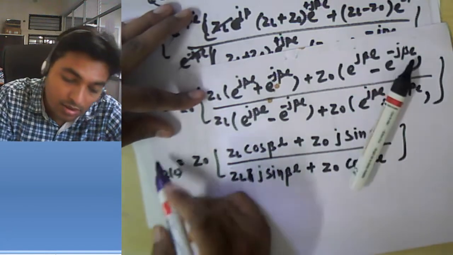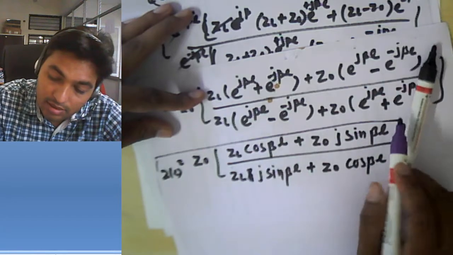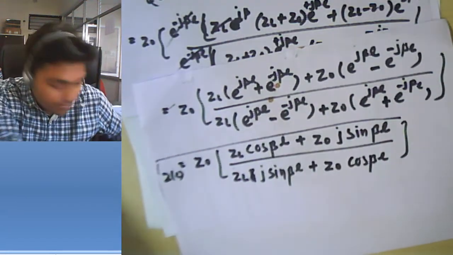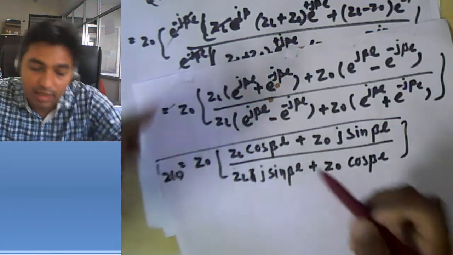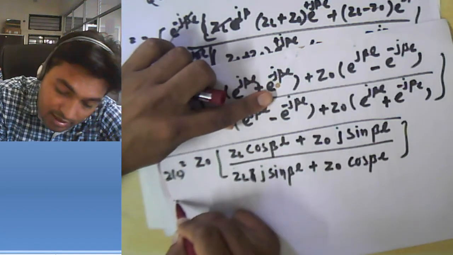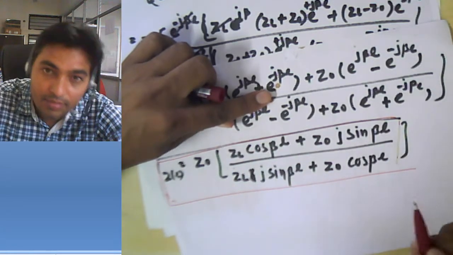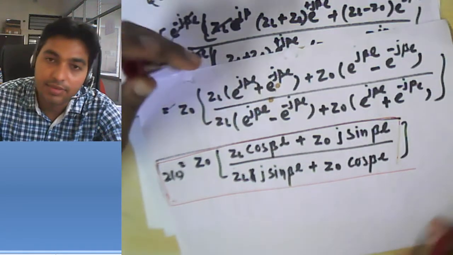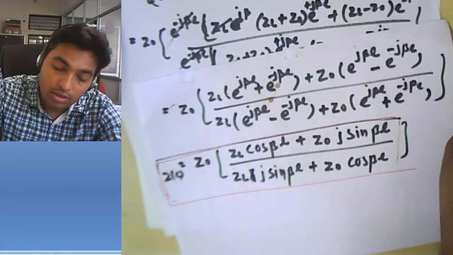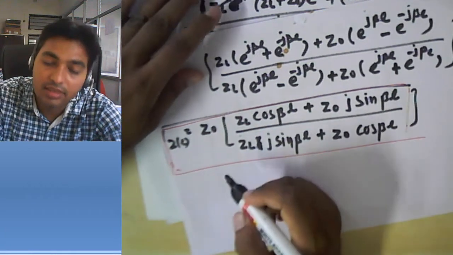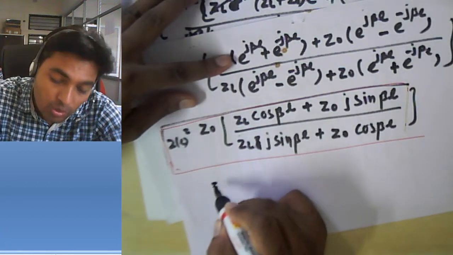This is a very important derivation. You can see this. We'll still simplify this, but this is very important in general. Why? We'll see. What is this?